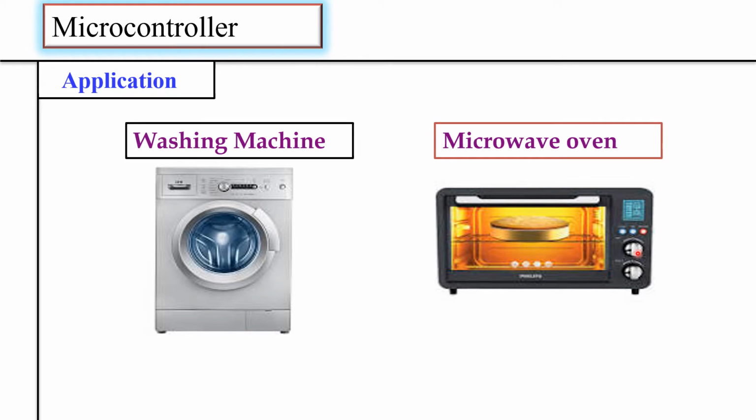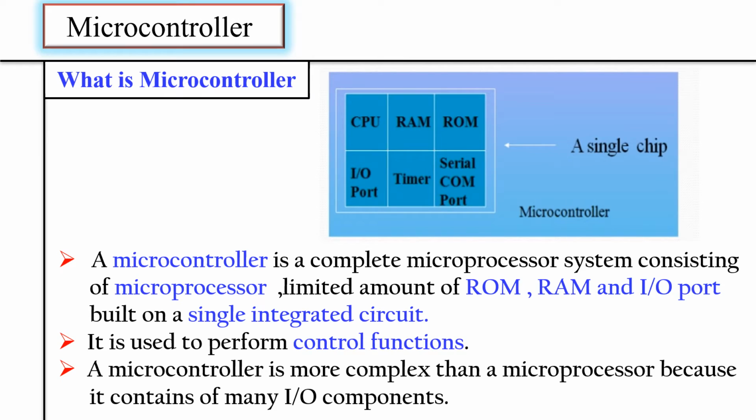So basically a microcontroller is used in applications where the task is predefined. Okay, so here we set the timing, we program it, and then it does the work as per the set predefined task. Clear?